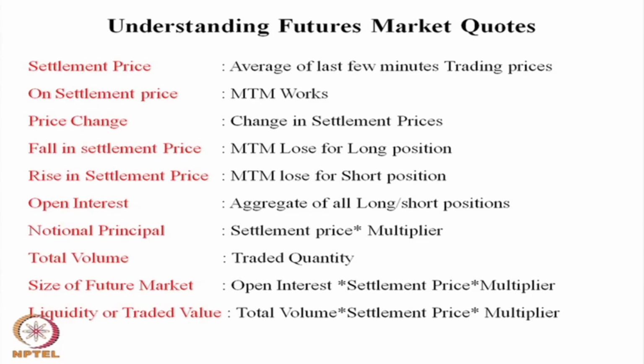A fall in settlement price means MTM loss for long positions. Those who are buyers face MTM loss, and those who are sellers gain MTM. A rise in settlement price means MTM loss for short positions.